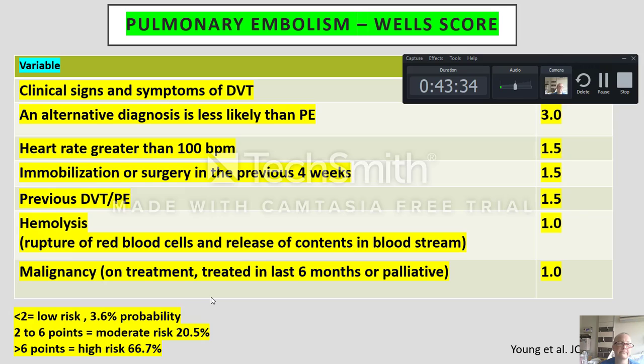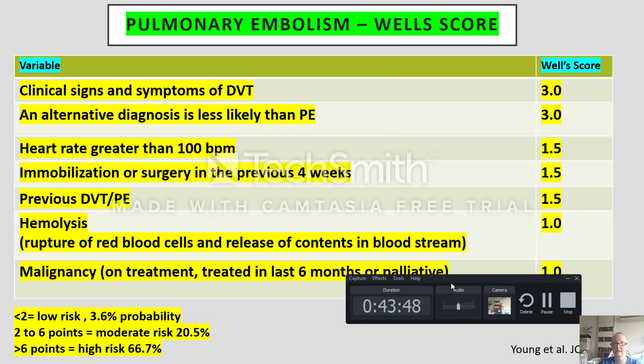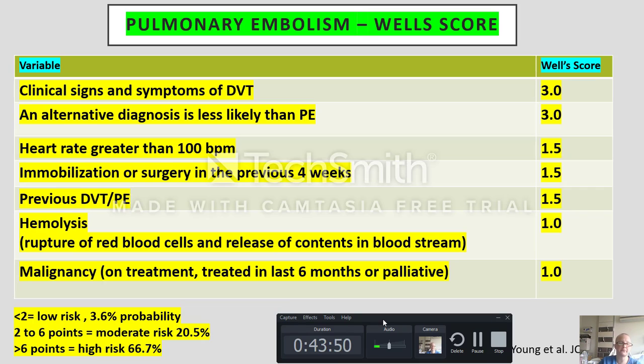Pulmonary embolism, variable. Clinical signs and symptoms of DVT. Let me move this. Wells score is a 3. So a 3 is moderate risk of a pulmonary embolism. An alternative diagnosis is less likely than a pulmonary embolism.